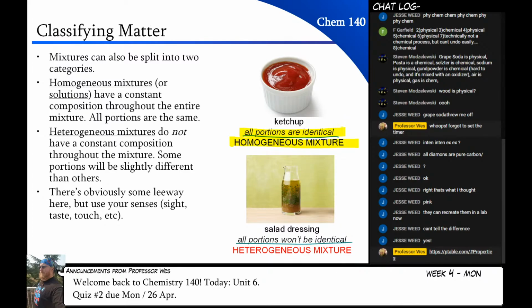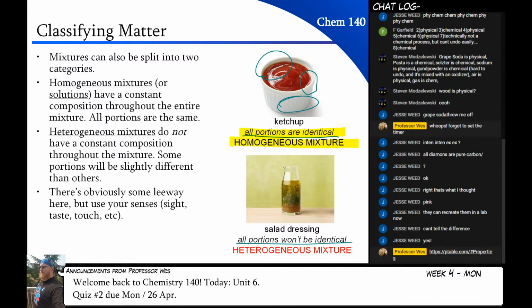So for instance, in the ketchup here, it would not matter if I use the top of the sample or the bottom of the sample, or maybe even the stuff scraped along the side here. It's all the same. It's all ketchup, right? It should taste the same. It should have the same texture, the same consistency, etc. So this would be an example of a homogeneous mixture.